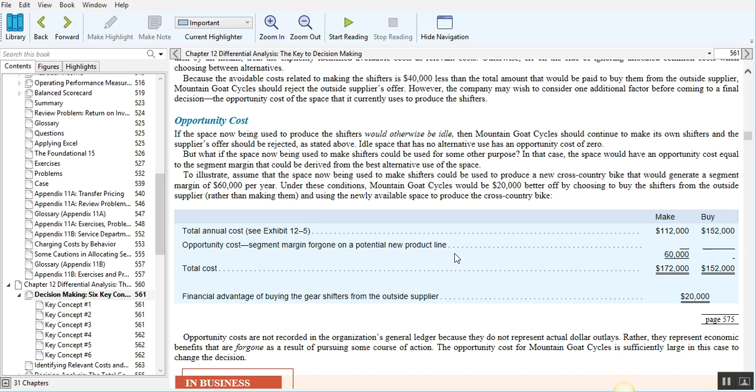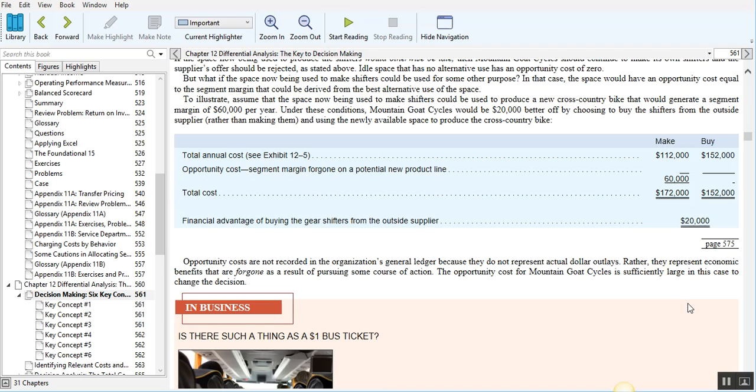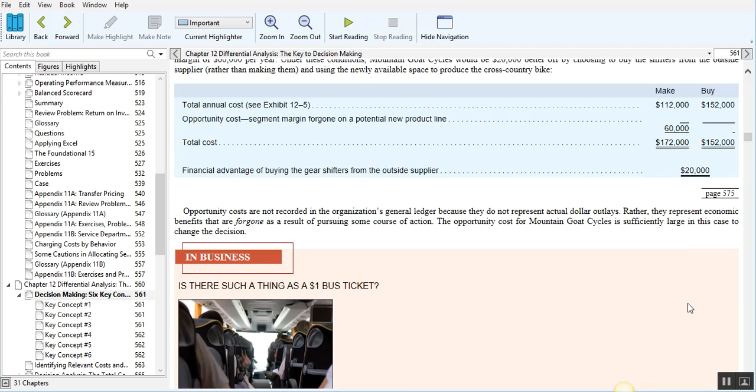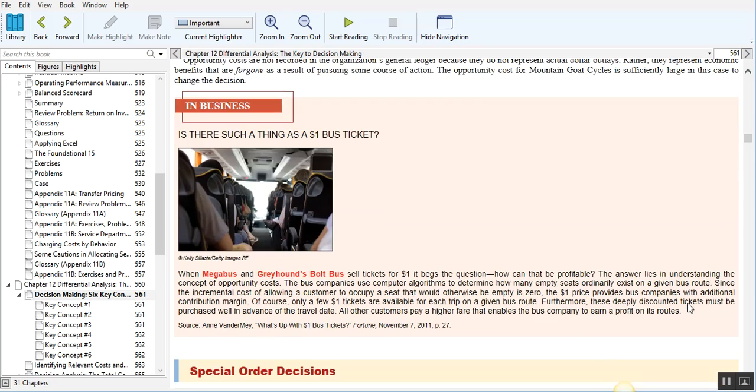So let's say instead of making the gear shifters, we could make a new product line and have a contribution margin of $60,000. Well, now that becomes a part of the comparison. When we add that in, we see it's actually an advantage, a financial advantage, to buy the shifters and then focus our energies on this new product line that we were talking about.